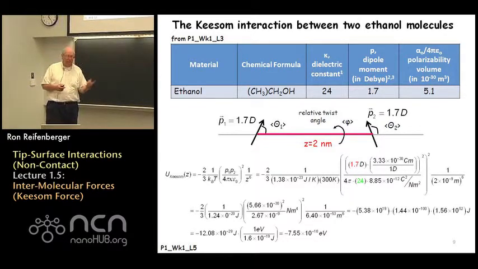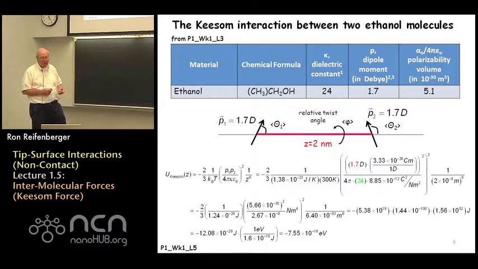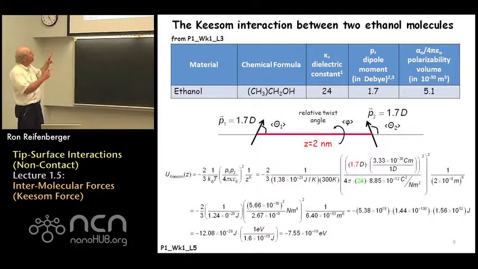In this diagram, I just put in some numbers to give you a sense of what the interaction potential energy might be for two dipoles. Again, I picked the case of an ethanol molecule. I separate the two ethanol molecules by 2 nanometers. These molecules have permanent dipole moments, 1.7 debye, given in the table.